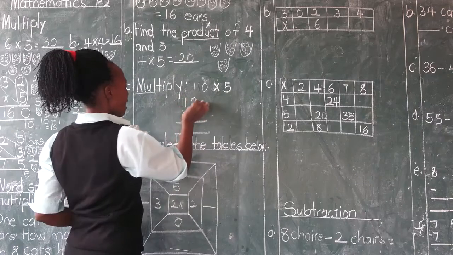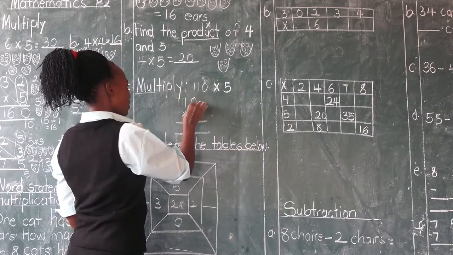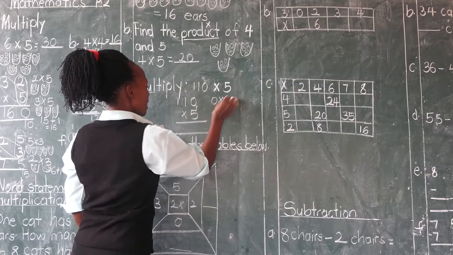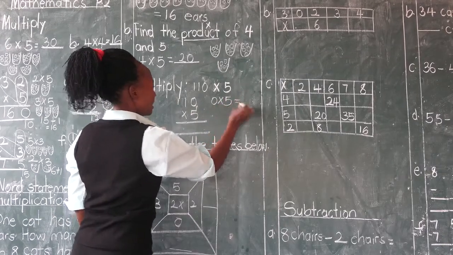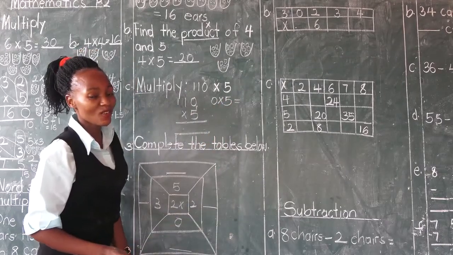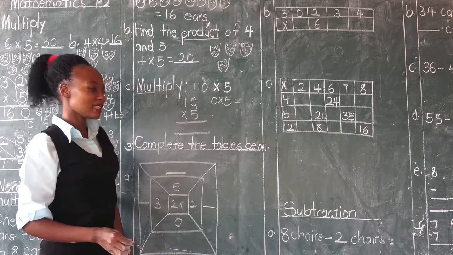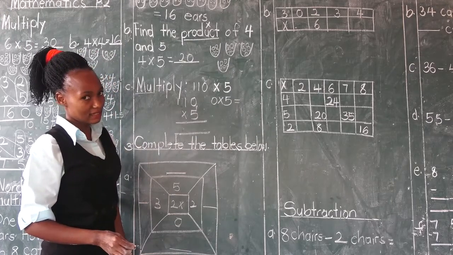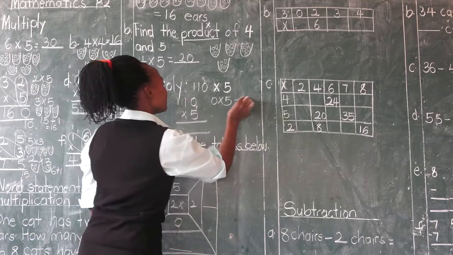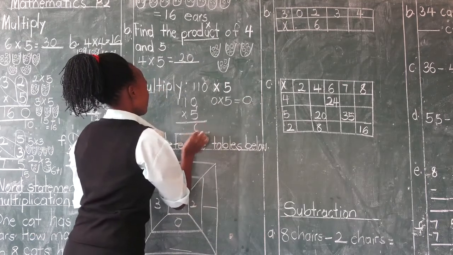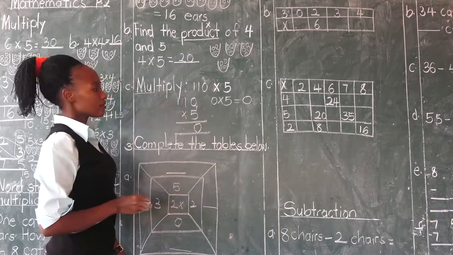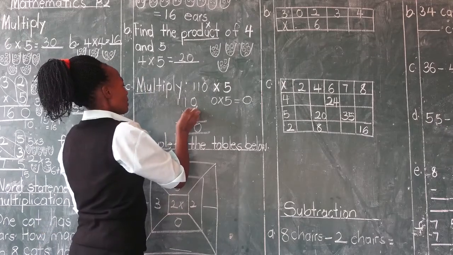Now here we shall have 0 times 5. And teacher said, under the 0 concept, any number you multiply by 0, you get 0. Okay. 0 times 5 we shall get 0. Then we come to the next place value.